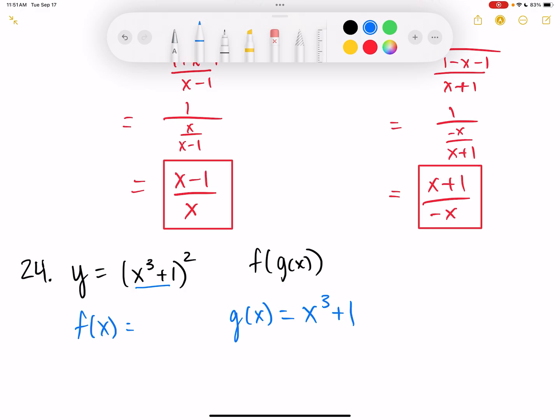If I get rid of that, because that's my inner function, what am I left with? X squared. So if I plug in my g of x value for x, then I would get x cubed plus 1 squared. So you're just doing the opposite, you're just breaking it apart.